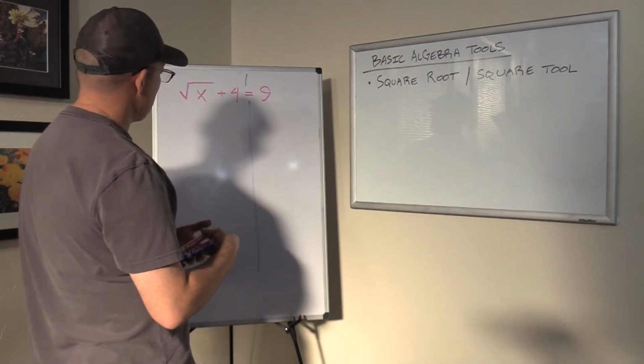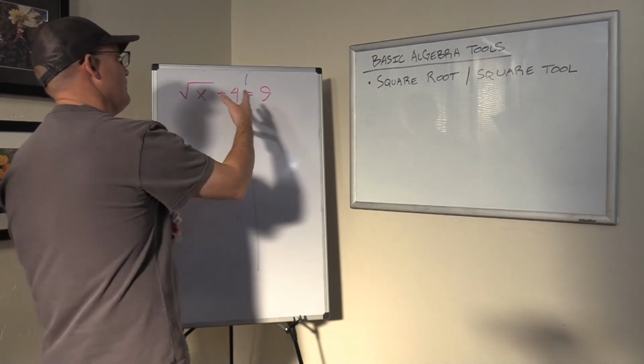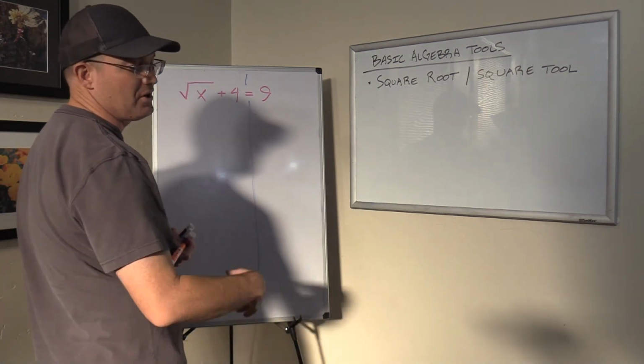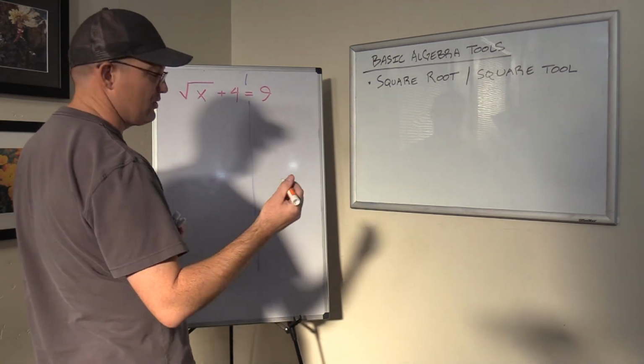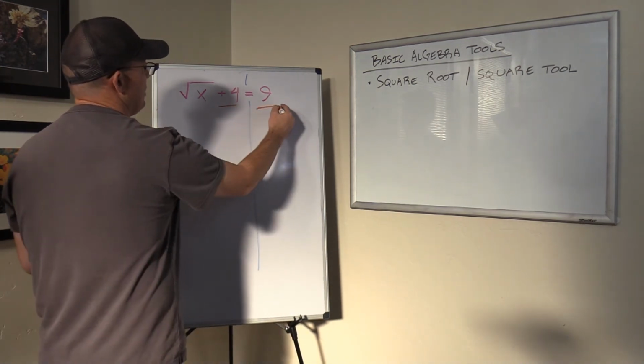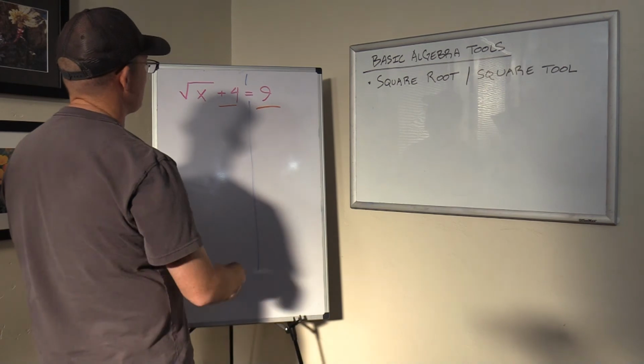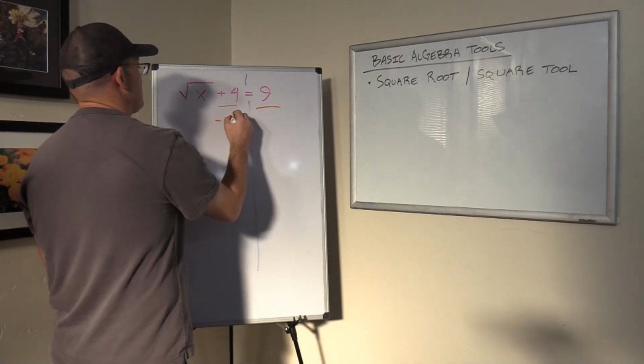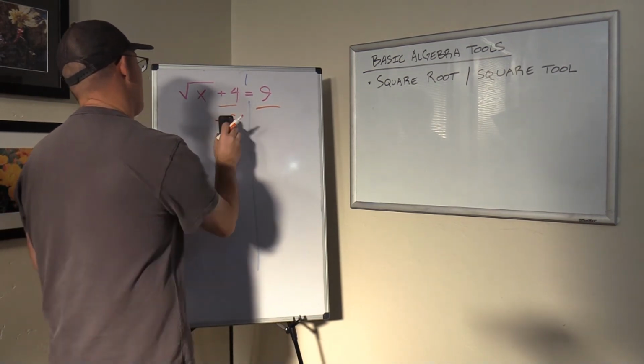Okay, so what we want to do now is say, all right, can we simplify this at all with our tools, right? And I always look for the lonely numbers first. So over here I got a lonely 4 and I got a lonely 9. Okay, so I'm going to combine those. The way I'm going to do that is I'm going to subtract 4 from both sides.